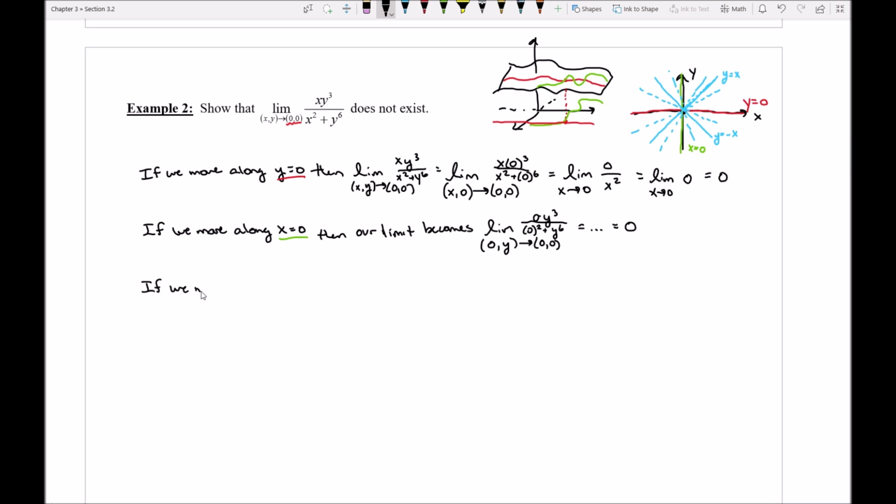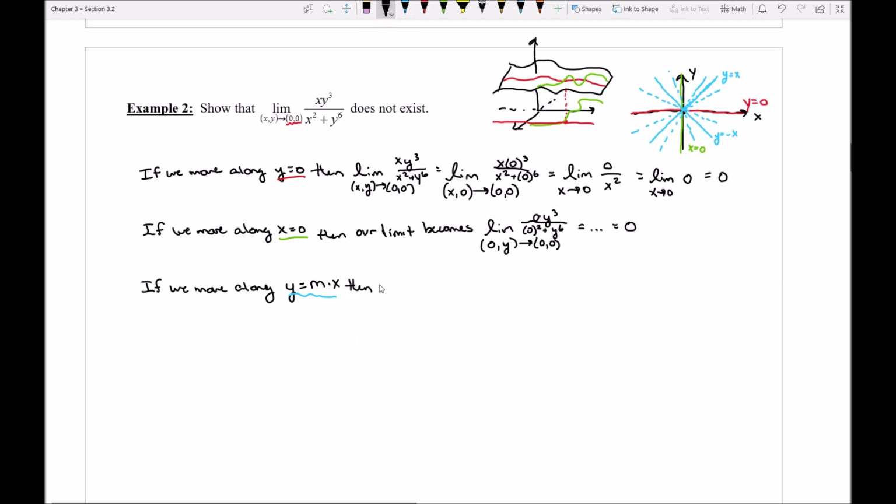So I'm going to say if we move along a path of y equals m times x, where m is going to represent the slope of this line. And I don't know what it is, so I just leave a placeholder in there. And then, of course, my y-intercept here is 0, so I just have a plus 0 at the back. But notice this represents every possible blue path at once.